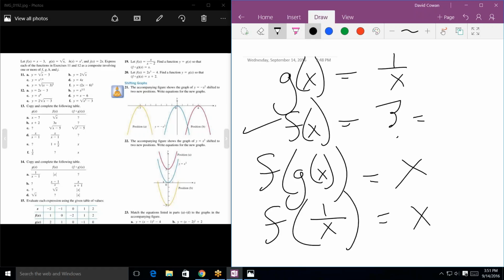Let me think for a second. g of x is definitely 1 over x, and how do you end up with x alone?